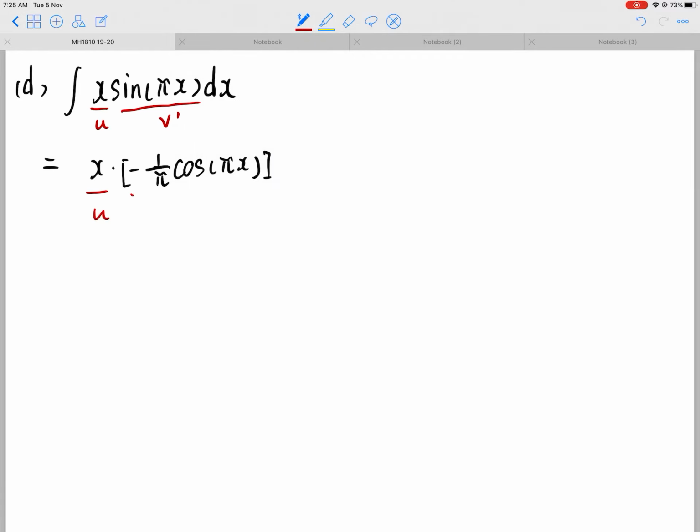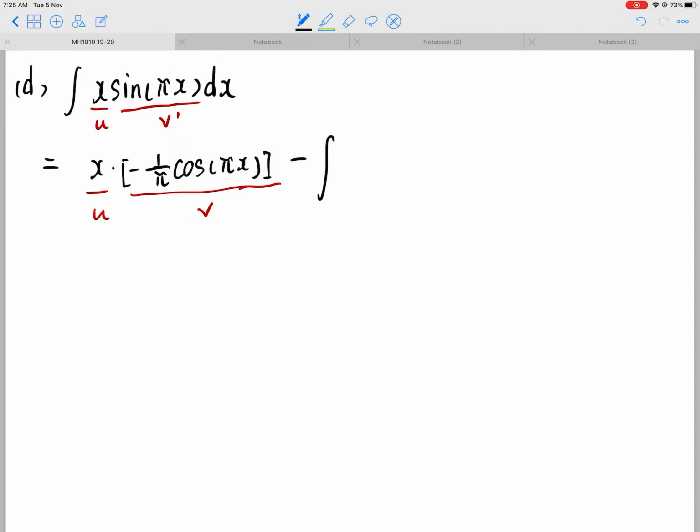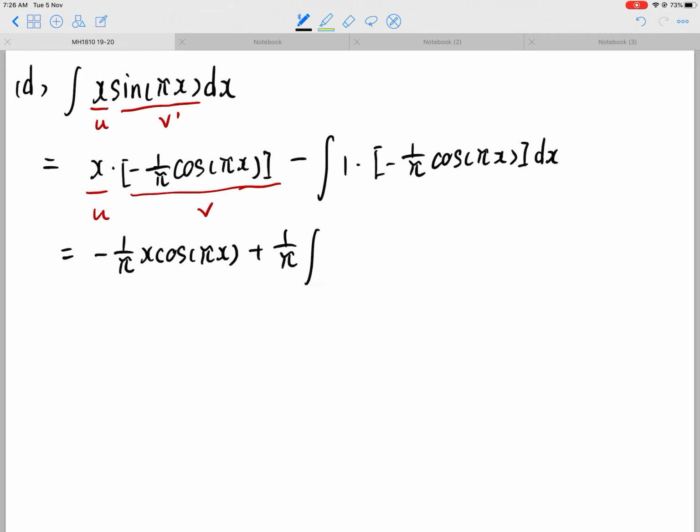So this is u, this is v, minus the integration of u's derivative times v. So it's negative 1 over pi x cosine pi x plus 1 over pi integration of cosine pi x.